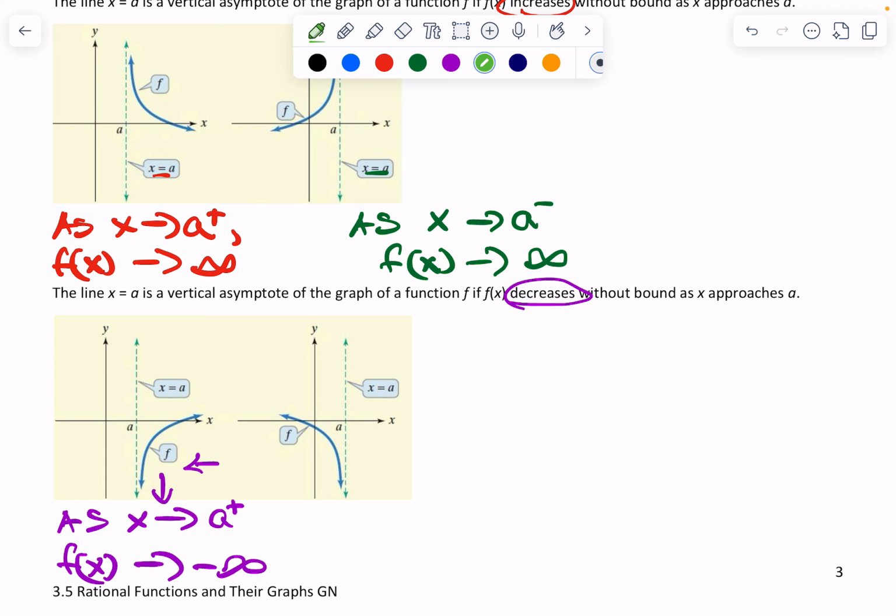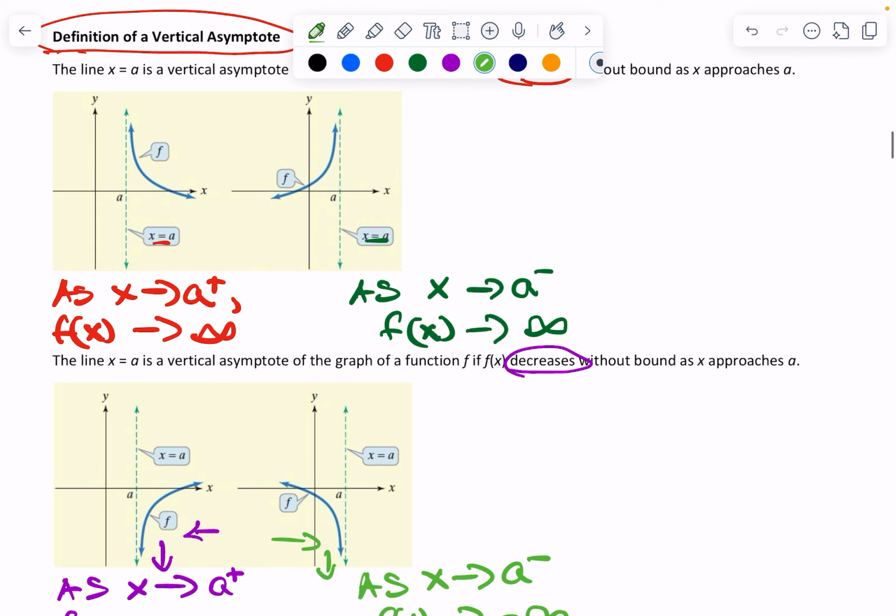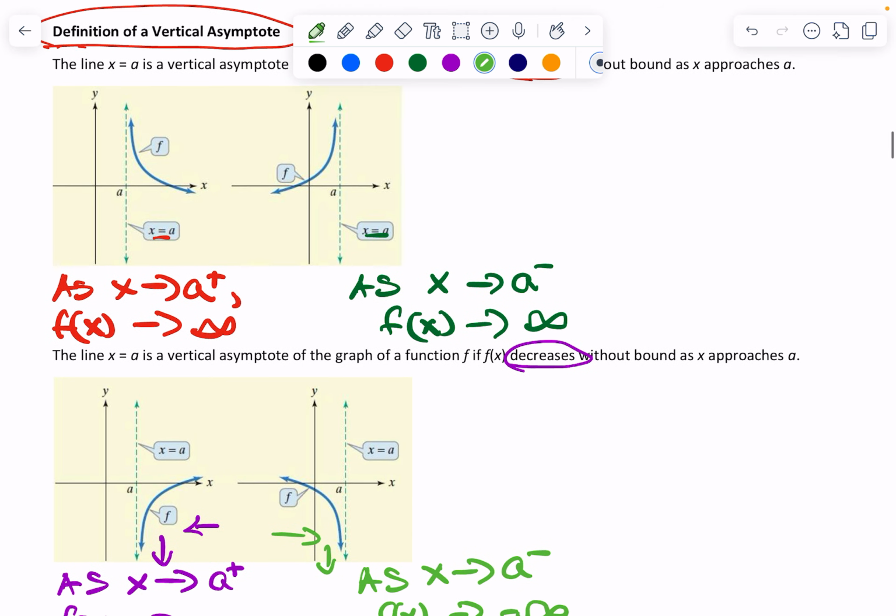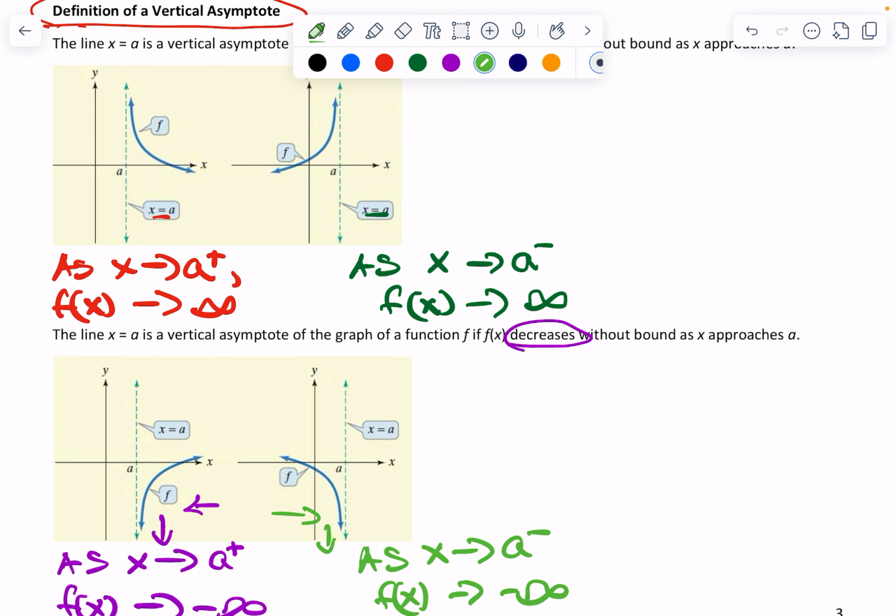Same thing here, as x approaches from the left, f of x approaches negative infinity. So an asymptote is something that the function keeps approaching, but it never touches or crosses.